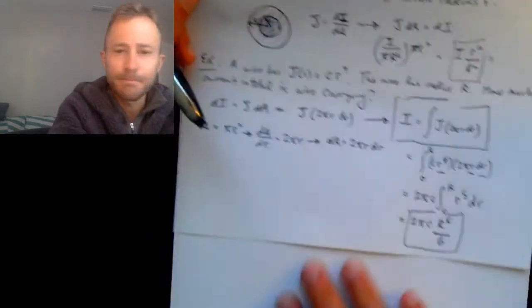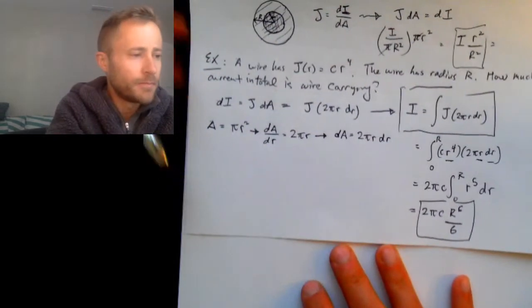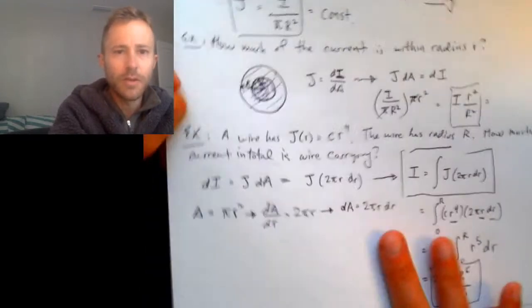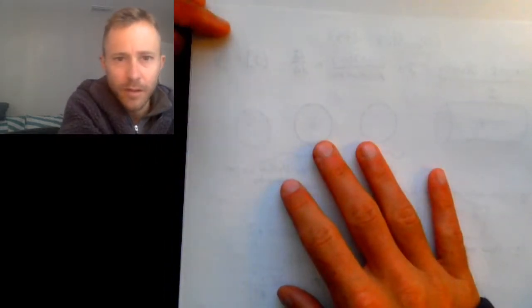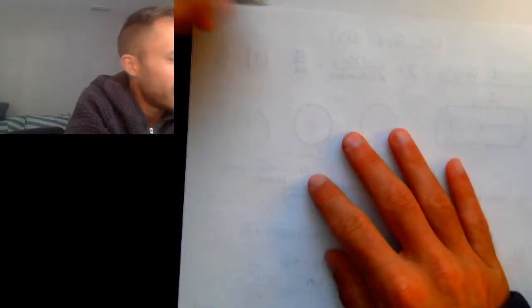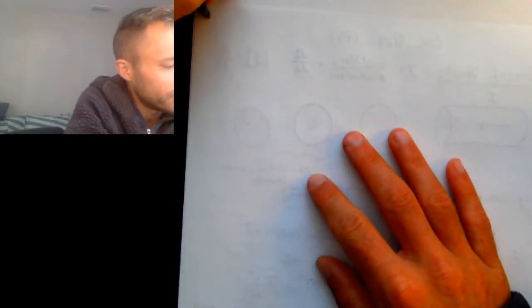All right. The next thing I want to talk about is something called Amperian loops.